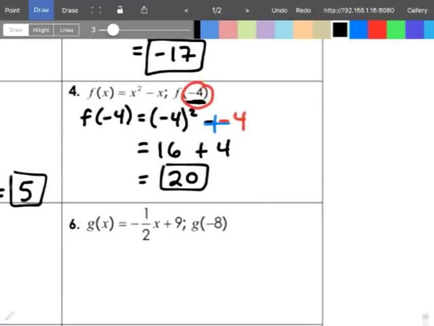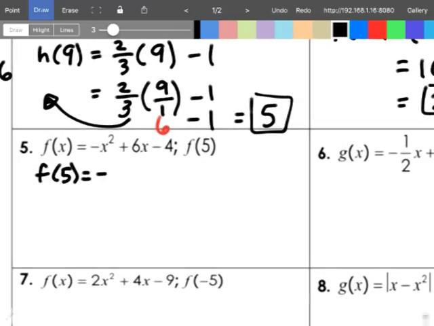Up here, it was a negative. I plugged it in and put parentheses around it, but here it's positive, so it's a positive 5 now, not a negative 5. Where did the negative come from? It came from the problem already. Negative x squared, right?